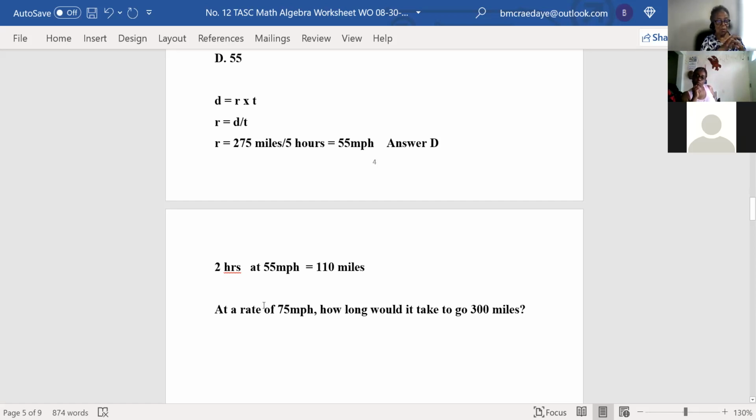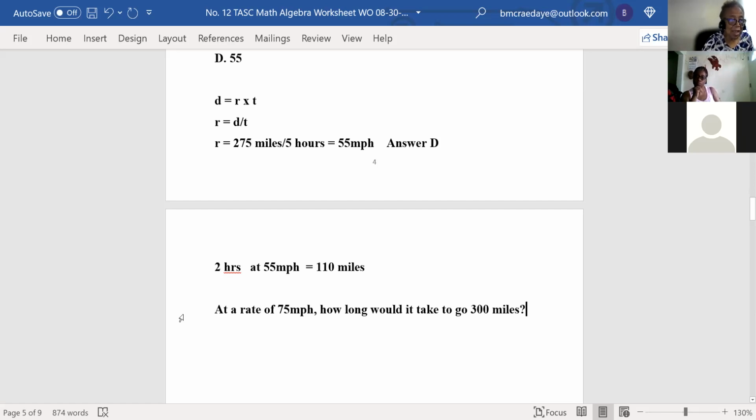What's the answer, Maureen? Okay, that's 75 divided by 300, right? Time is distance over rate. You've got the reverse. So what would you divide?